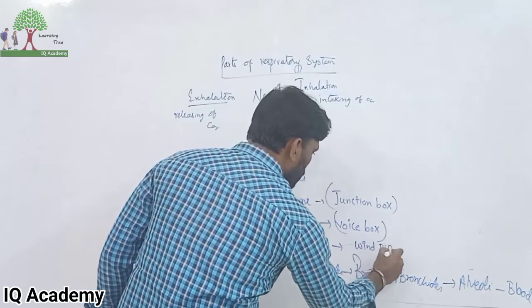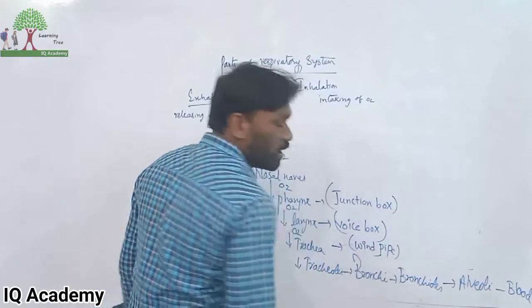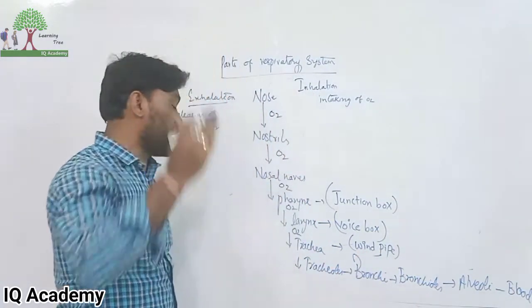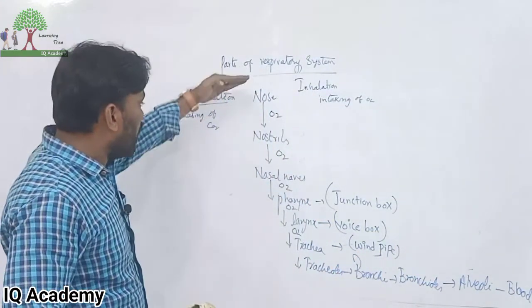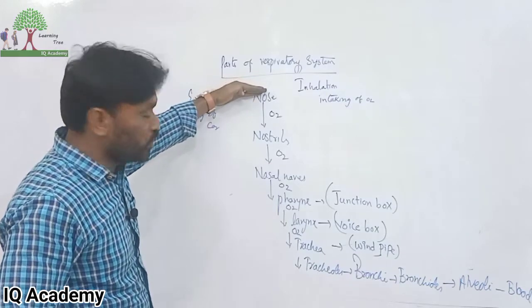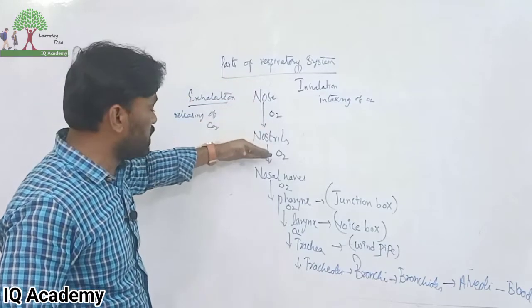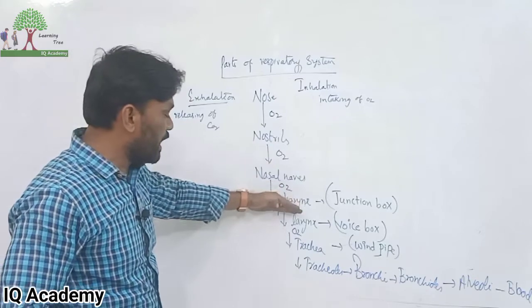You came to know about the trachea in tracheal respiration in insects. So oxygen passes from the nose to nostrils, nasal nares, pharynx, larynx and trachea.